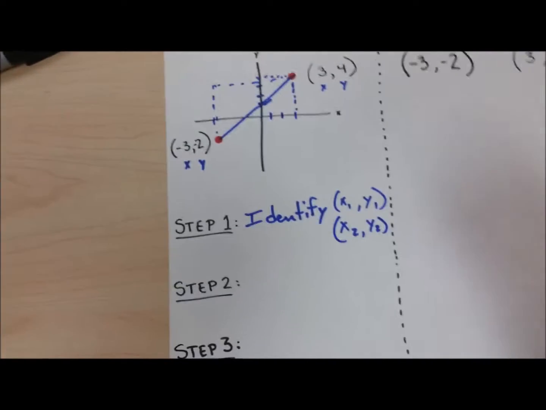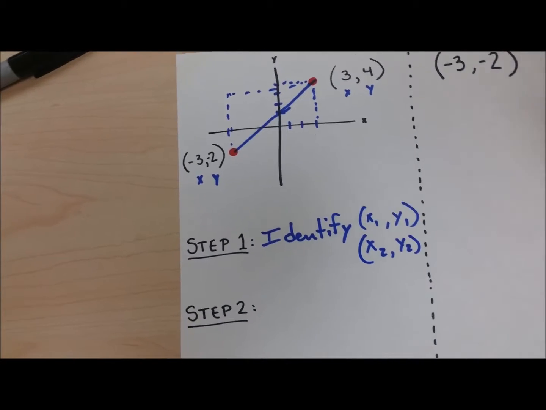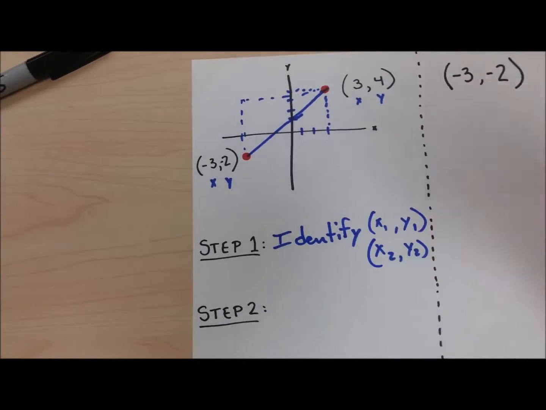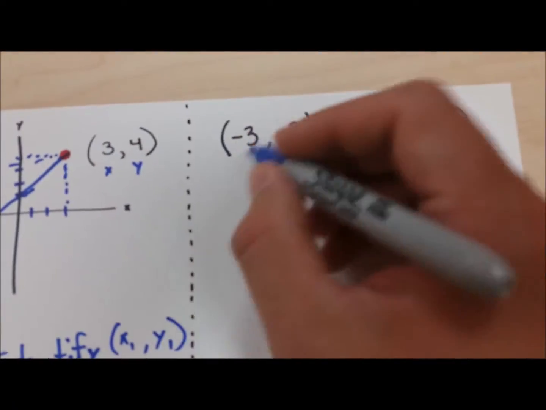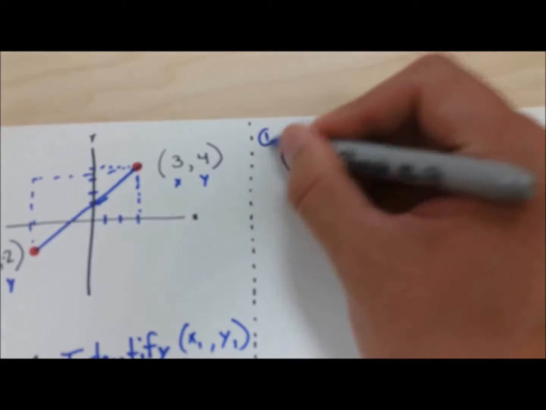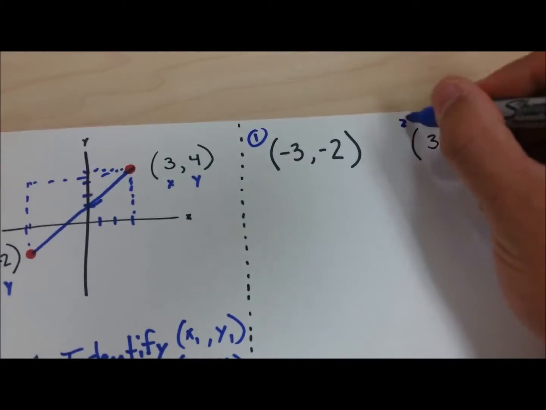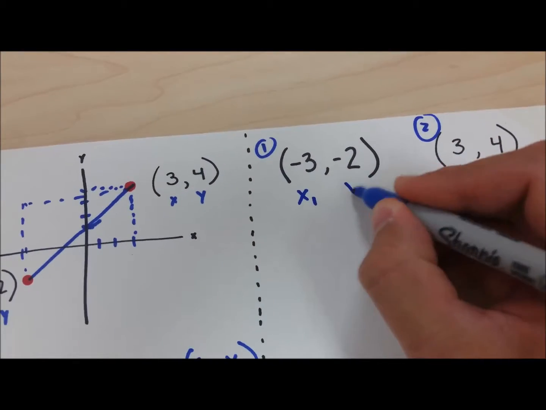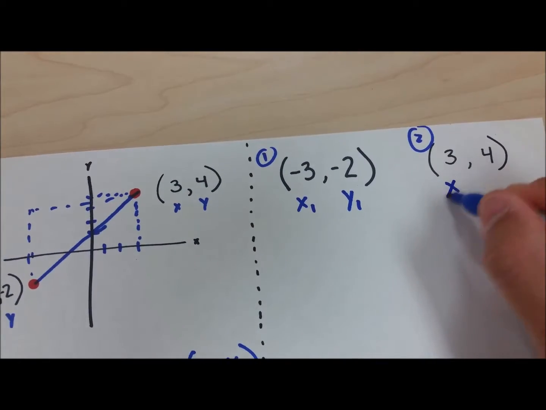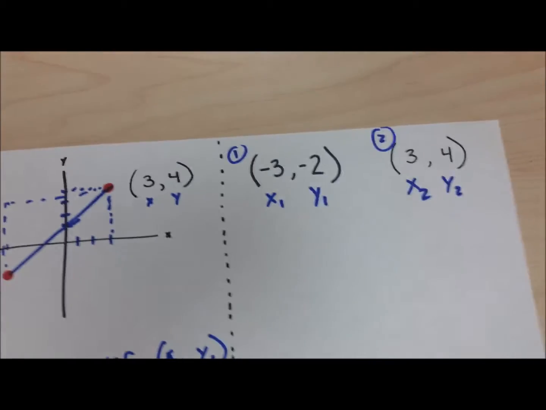We need to order these ordered pairs because we're going to be using a formula that is y2 minus y1 over x2 minus x1. You're probably familiar with this. But what we need to do first is, again, identify it. So I have my 2 points here. I'm going to list this first one as my first point in this ordered pair. This is going to be my second point. And then it just follows: x1, y1, x2, y2.